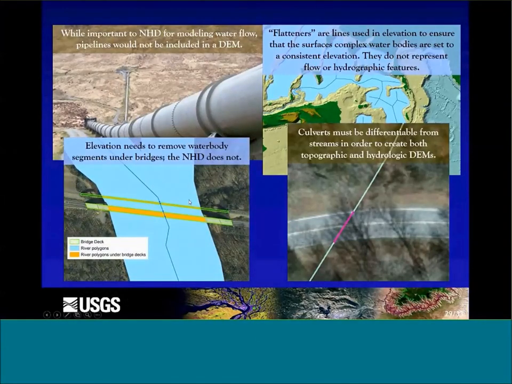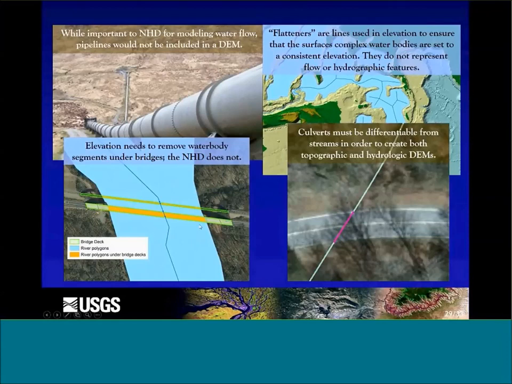And then, as I mentioned, water bodies going under bridges. This orange segment here is part of, well, it's a separate polygon, but it represents this river here, and these two orange areas are also polygons, but they are the under-the-bridge segments.